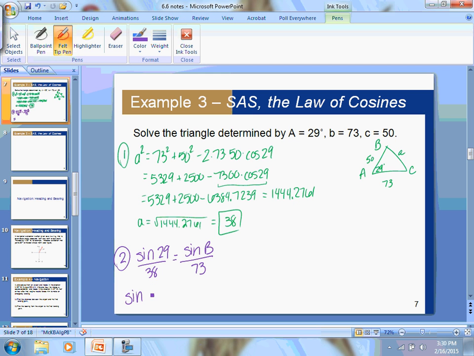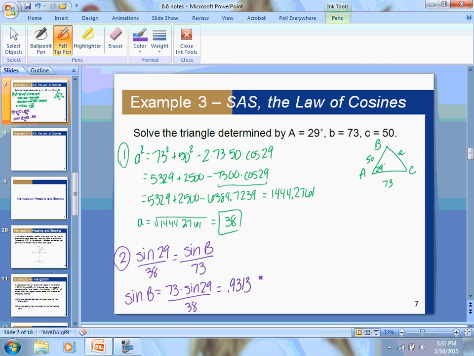So then I cross multiply and divide. So I'll have 73 times the sine of 29 all over 38. And that's going to get me about 0.9313 if I round to 4 places. Now, remember, think back to our law of sines with our ambiguous case, that value is less than 1.